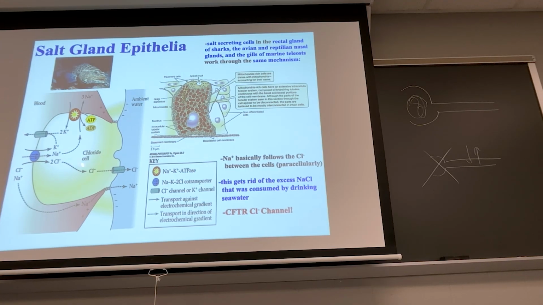So you can see here in this mechanistic model, we have a pavement cell on top and a pavement cell on the bottom, and we have a tight junction here and a tight junction here. And notice you kind of reset, or recess, your mitochondria-rich cell or chloride cell into a little cavity, so that it's in direct contact with the blood supply, right?